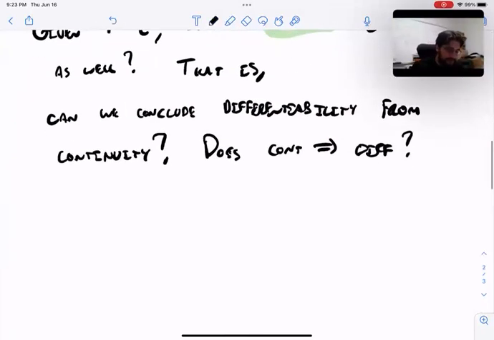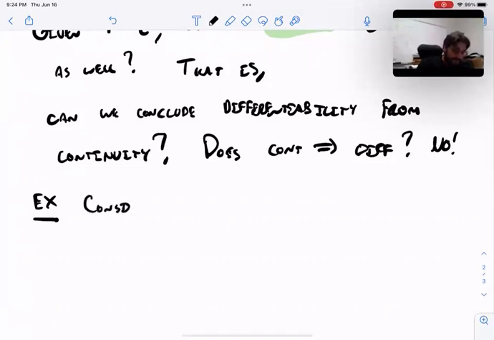Now here is an example of this. I claim no, the converse does not follow, and here's why. Consider the function f of x equals x to the 1/3 power, or cubed root of x, you can say it either way.